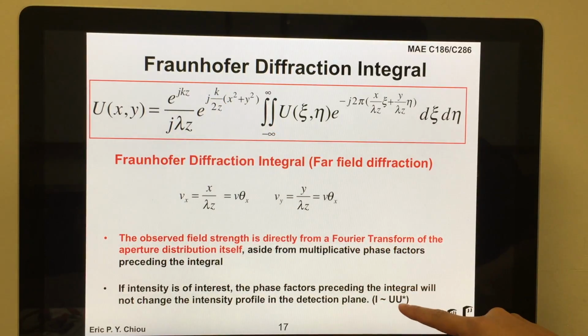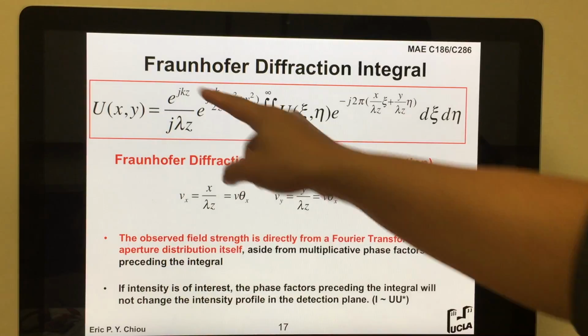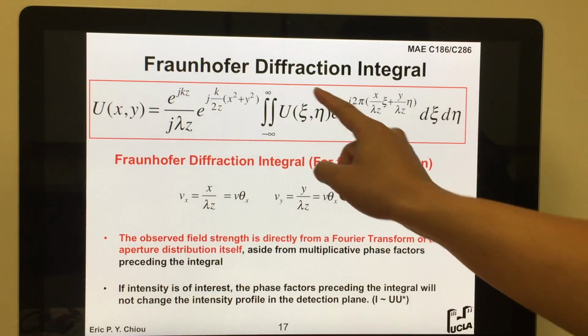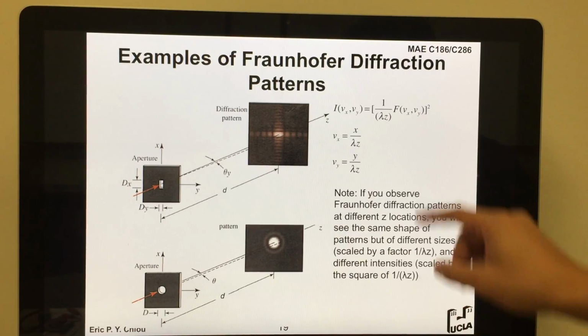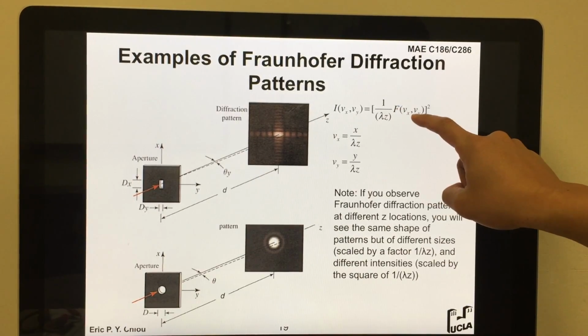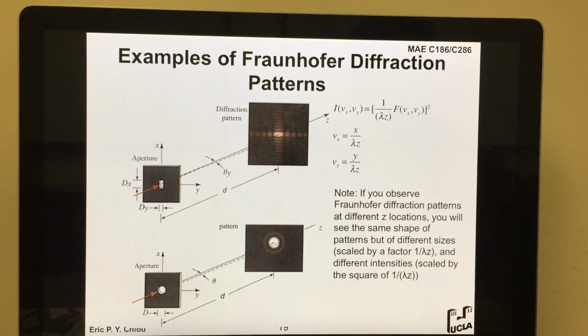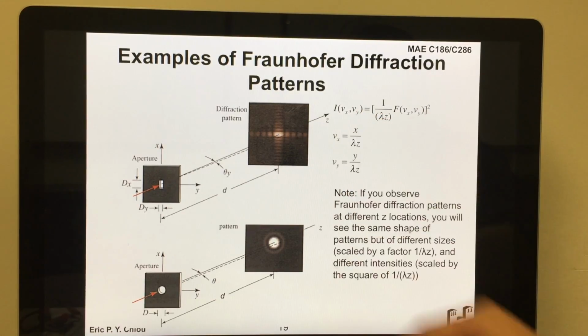At the end, the intensity distribution is the square of the Fourier transform of that u function. This is the Fraunhofer diffraction pattern.